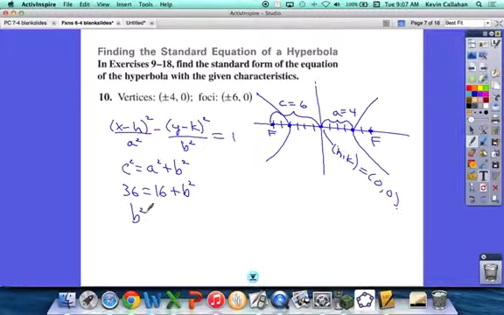So b squared equals 20. And we don't actually need b, all we need is b squared. So we can fill in everything now. x squared over 16 minus, that was wrong, y squared over 20 equals 1.